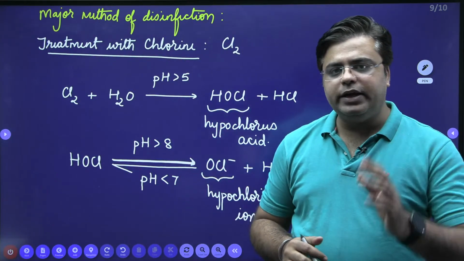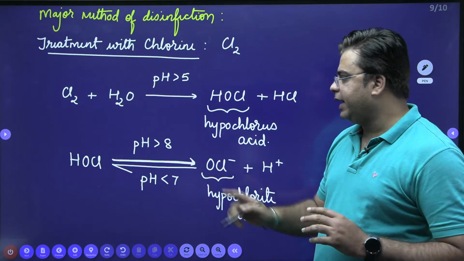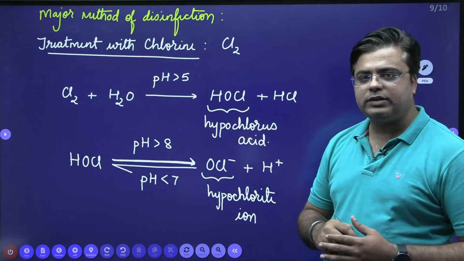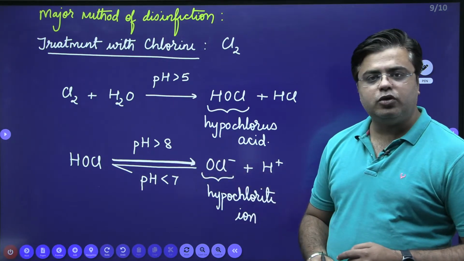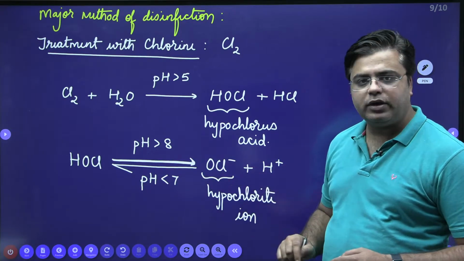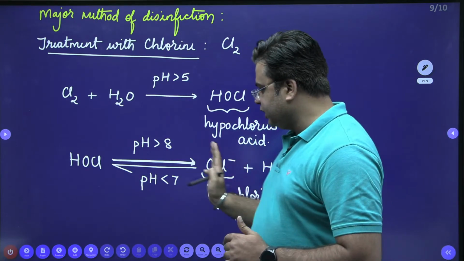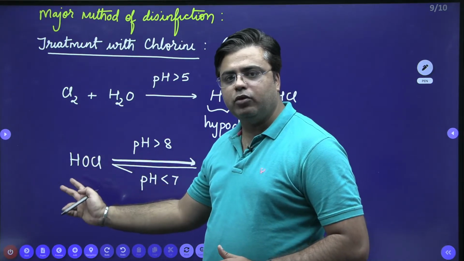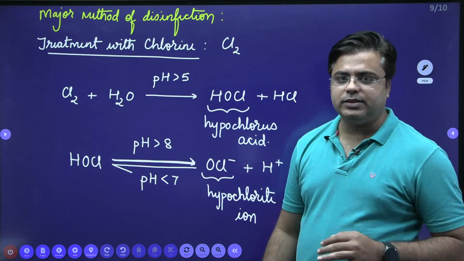When you add chlorine to the water at pH more than 5, this chlorine reacts with water to form hypochlorous acid. Second, when the pH of the water sample is more than 8, this hypochlorous acid dissociates into hypochlorite ion, but if the pH is less than 7, this dissociation goes backwards and you will see more hypochlorous acid formed in the system.